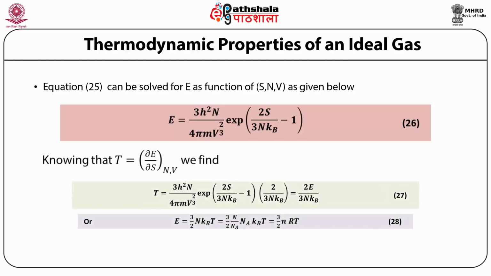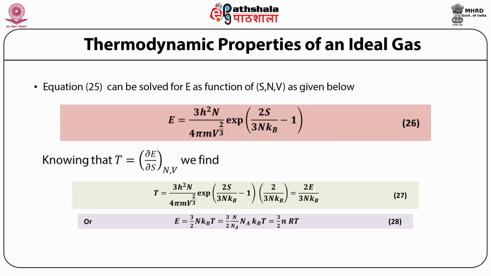Knowing that T is equal to the partial derivative of energy with respect to entropy at constant n and constant V, we find T is equal to 3h square n divided by 4 pi m V raised to power 2 by 3 multiplied by exponential of 2S upon 3n k_B minus 1, multiplied by 2 upon 3n k_B, which is equal to 2E upon 3n k_B.